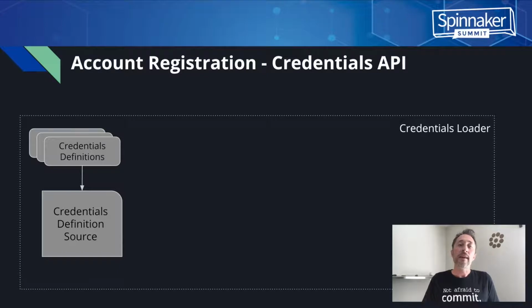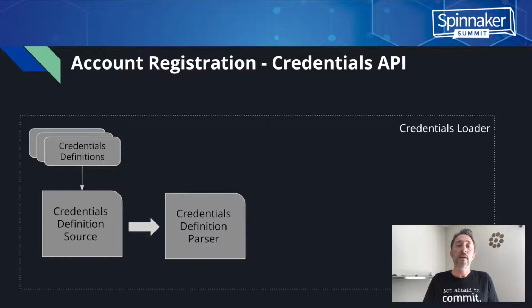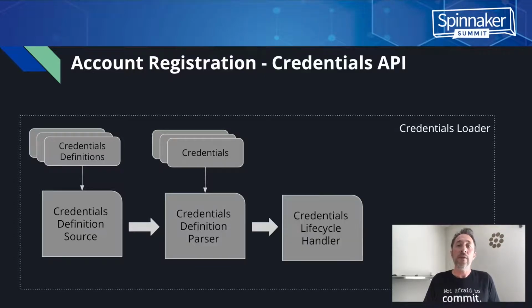It will remove deleted accounts, pass new and updated definitions to a credential parser to convert them into credentials, and then inject provider-specific objects. The resulting credentials go through a lifecycle handler, which will activate or deactivate accounts. In the case of a cloud provider, for instance, it will schedule agents.